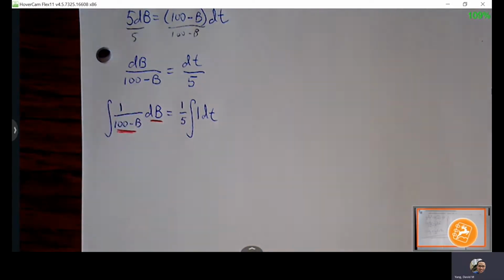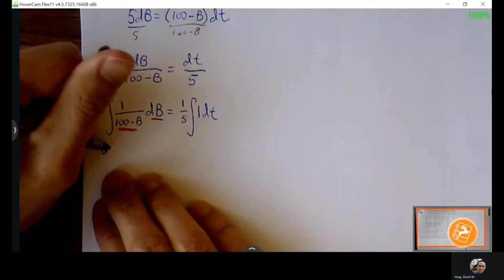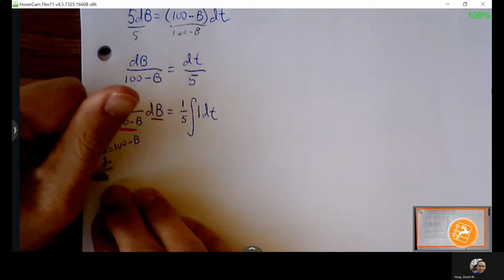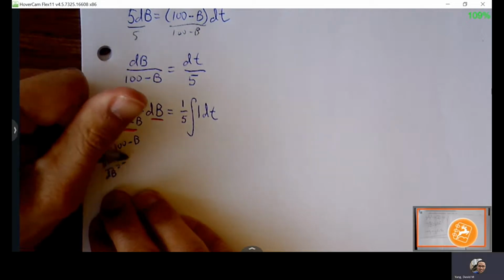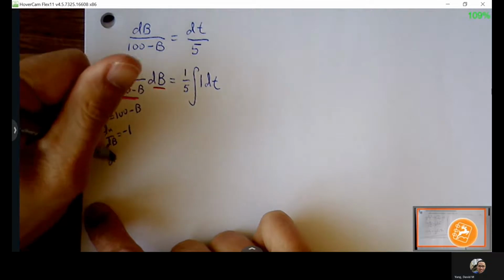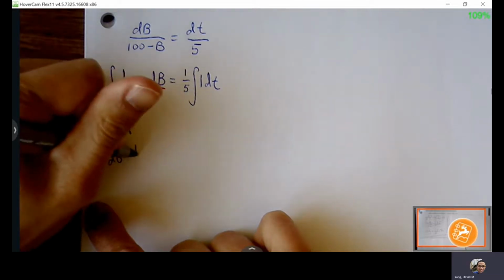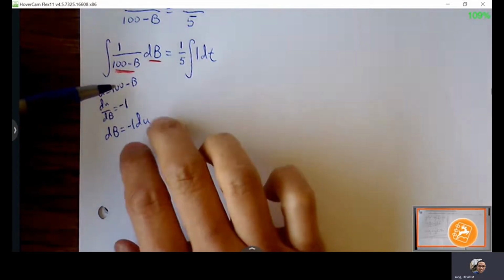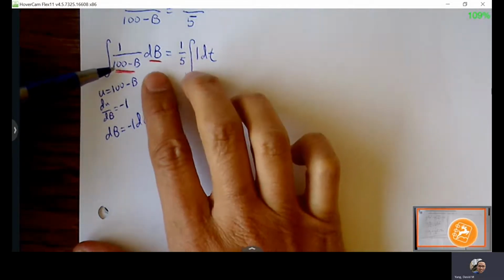So du db equals -1. There it is. It's a -1 that we've got to keep track of here. Okay, everything I need can now be substituted.